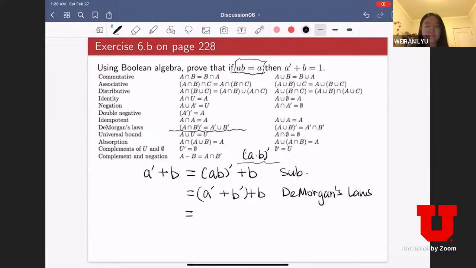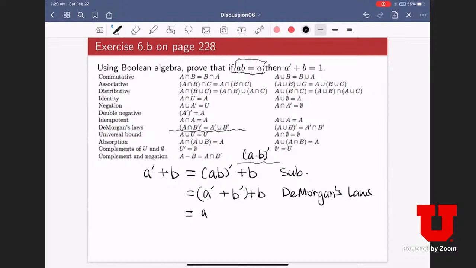All right. And what about the next step? You could use associative to change it to A naught plus quantity B naught plus B. And then using negation.